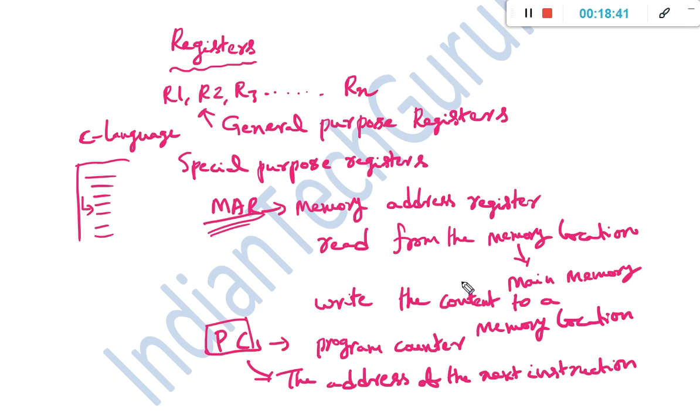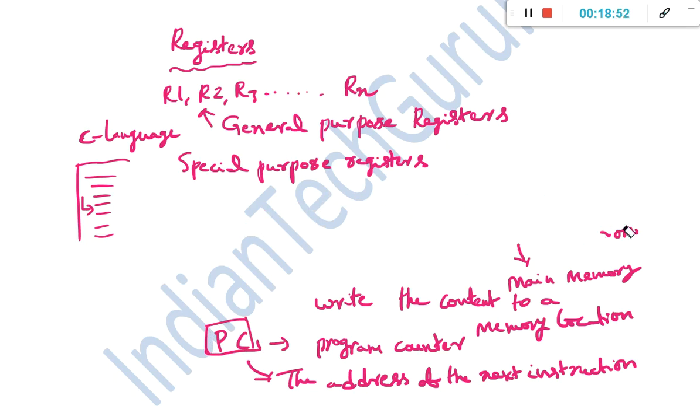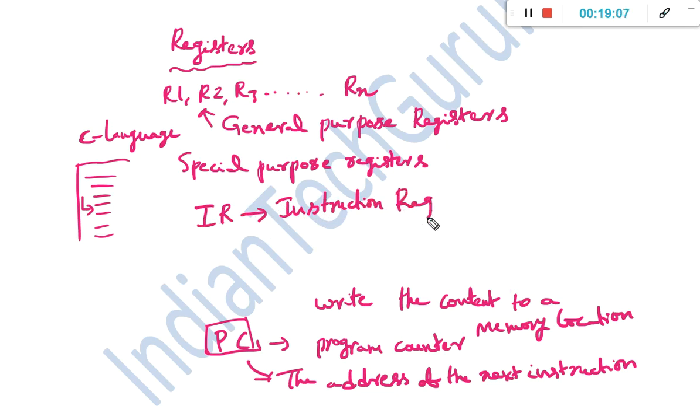Okay. Similarly, one more register is there that is called the instruction register, represented by IR. This instruction register is going to represent the instruction to be executed.